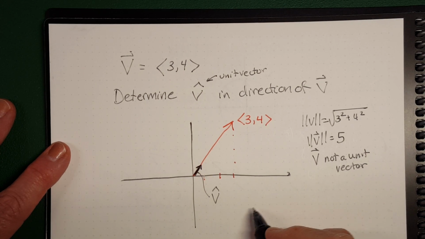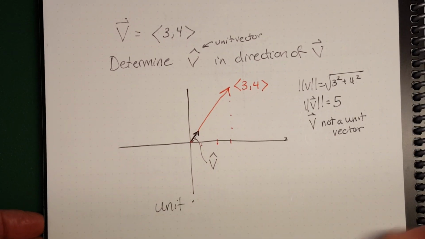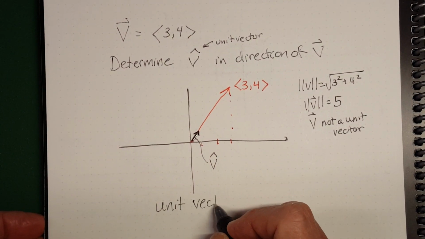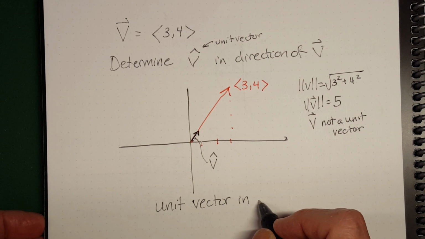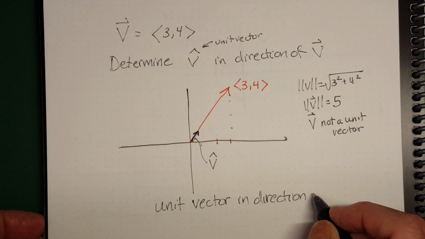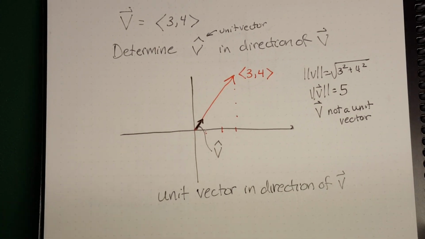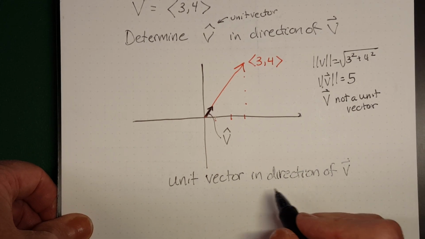The way that we do it, the unit vector in the direction of any vector v is found by taking the components of vector v.